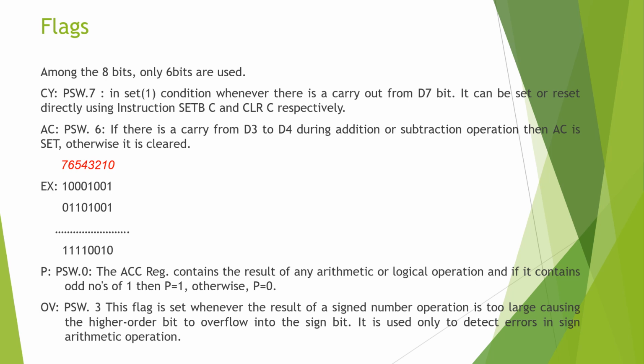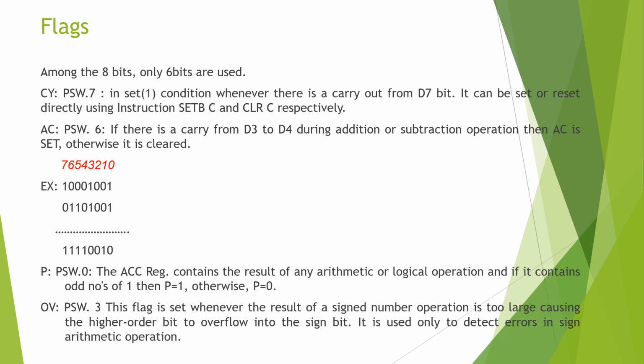It is set if a carry is generated after any arithmetic or logical operation. If carry is generated from the D7 bit, in that case the carry bit is in the set condition, otherwise it is in the reset condition. Auxiliary carry, this is PSW.6, that means it is the D6 bit of the flag register.